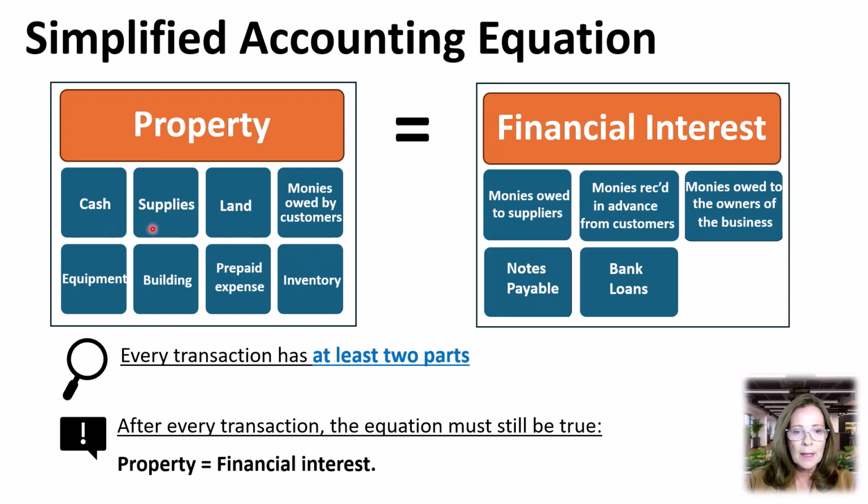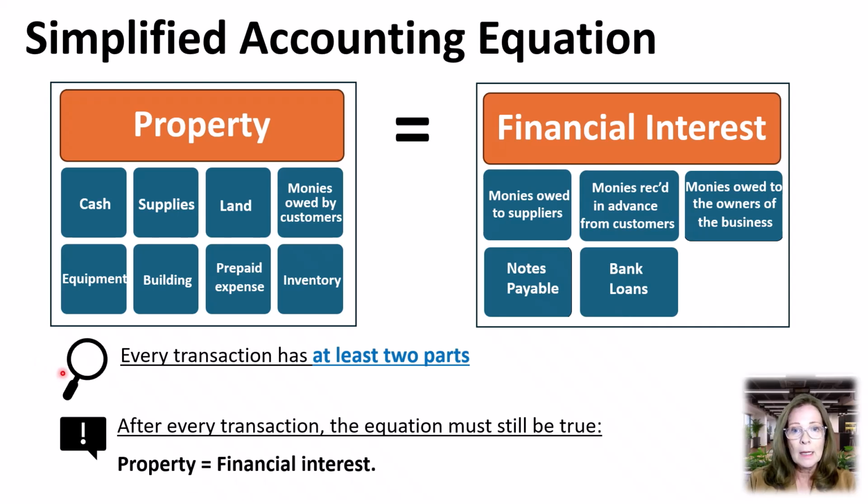Property includes things like cash, supplies, land, monies owed by customers called accounts receivable, equipment, building, prepaid expense, and inventory. In short, things that the company owns. Financial interest, on the other hand, are monies owed by the business to suppliers called accounts payable, monies received in advance from customers, monies owed to the owners of the business, notes payable, and bank loans. In short, financial interest is what the company owes to others, either third parties or the owner of the business.